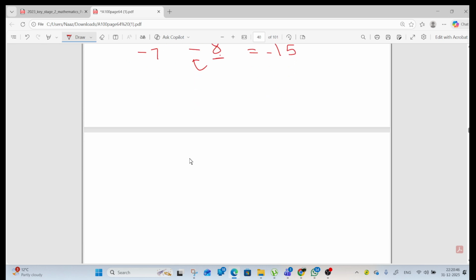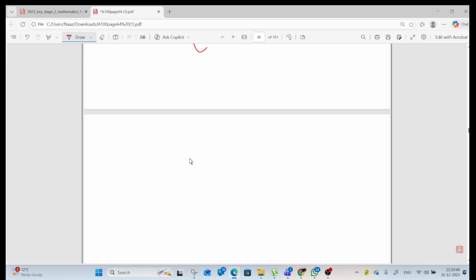So basically what we have learned so far is that if you have two signs together, first we convert it into single sign, right? If signs are same, we turn it into positive sign. Now here we have negative 2 and this is 8.